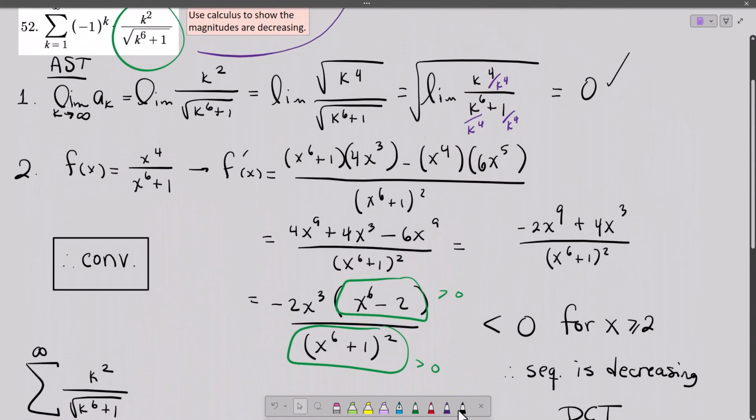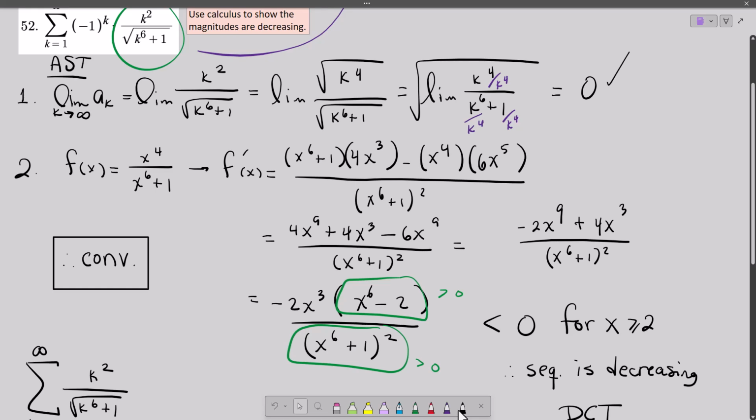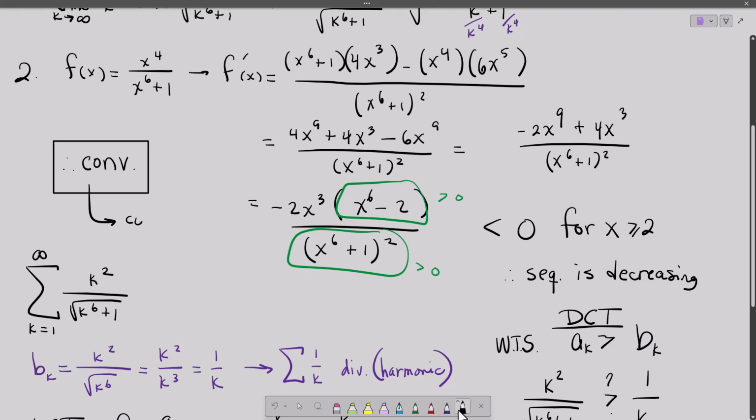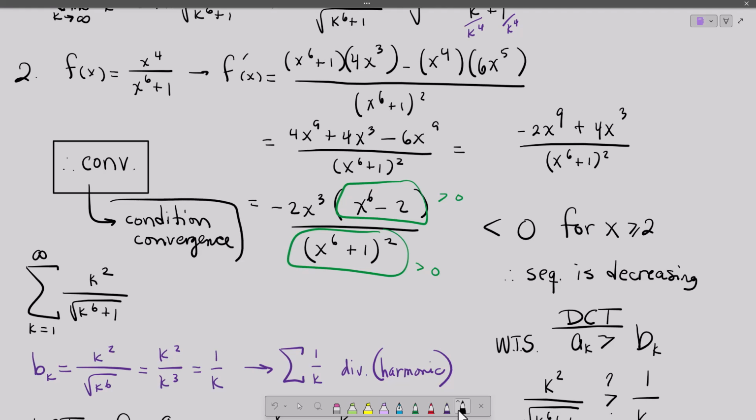So the original series, through a lot of work, converged. But the series of absolute values diverges. So the original series is conditional convergence.